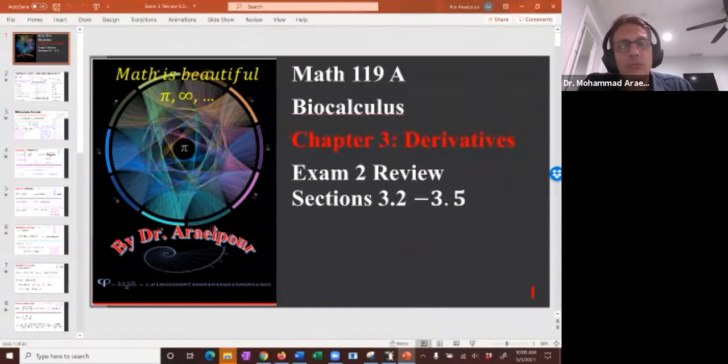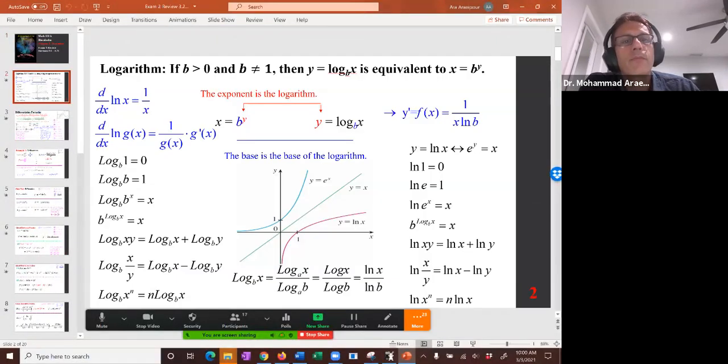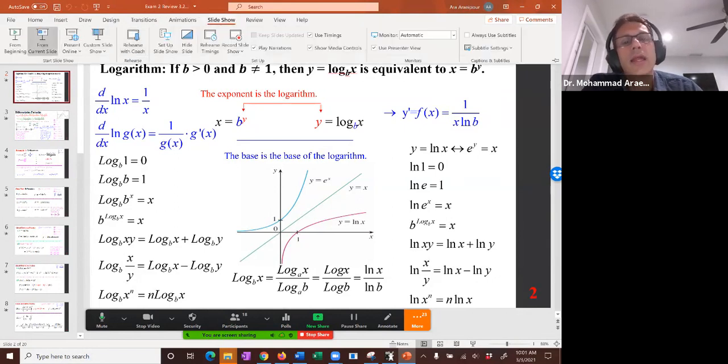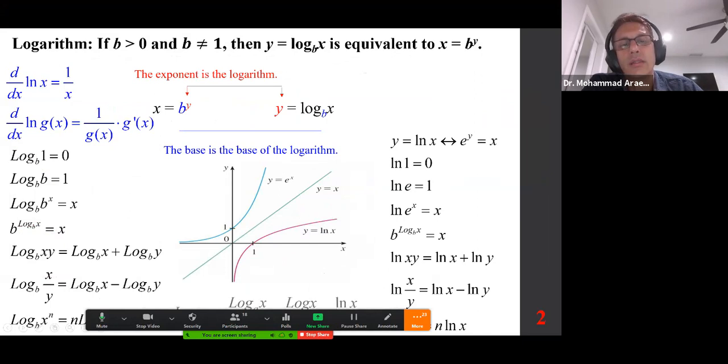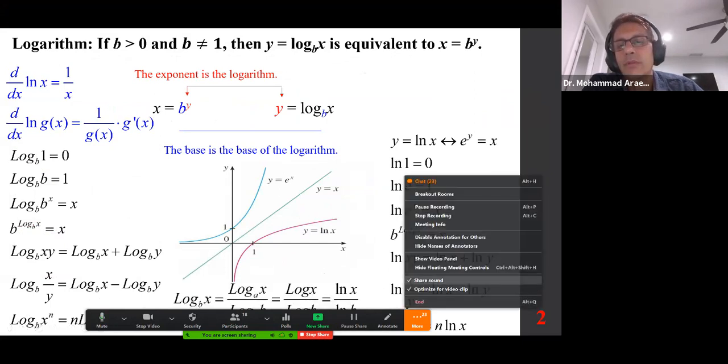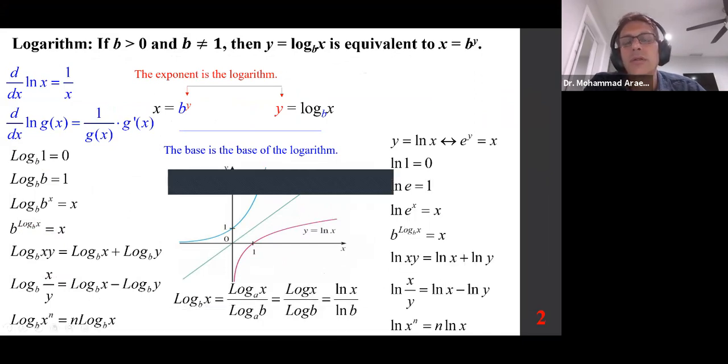So we are looking at exam 2 review, which covers sections 3.2 to 3.5. We have a lot of formulas as far as logarithmic properties are concerned. We have seen this stuff in intermediate algebra, then in college algebra, and then in pre-calculus. And we use one of them to show the derivative of a to the power of x, if you recall.